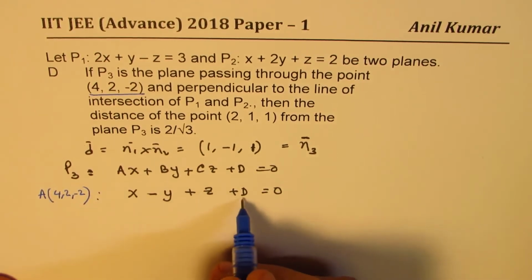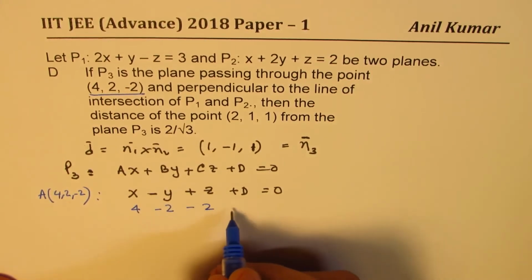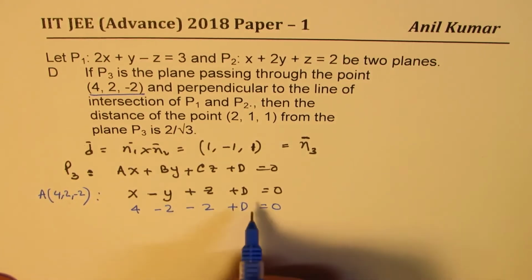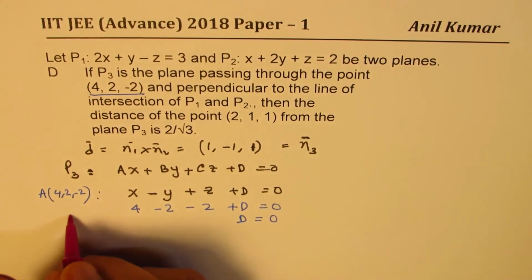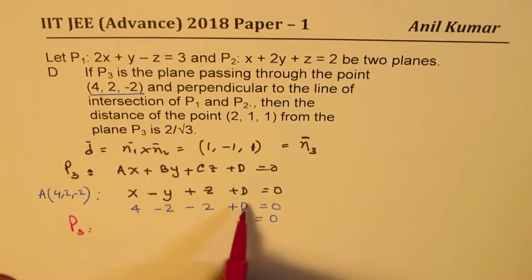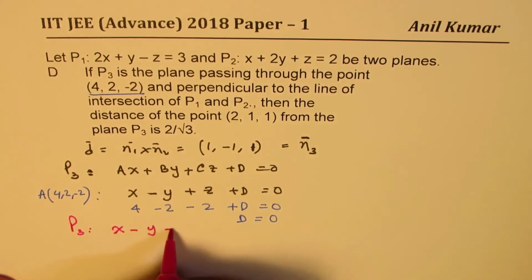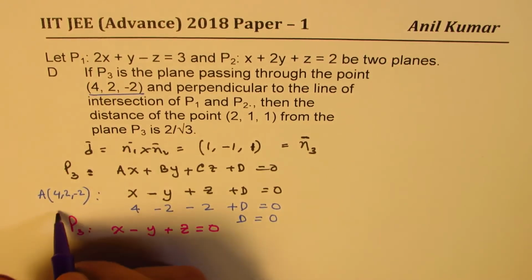So we'll substitute this here to find the value of D. So we get 4 minus 2, this is also minus now, minus 2, plus D equals 0. So that gives you 0, so D equals 0. Since D is 0, we get the equation of the plane now, which is x minus y plus z equals 0. So that becomes the equation of our plane.